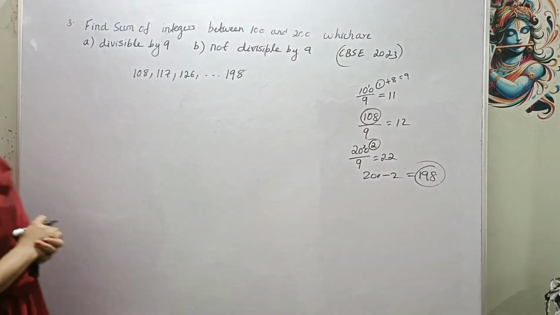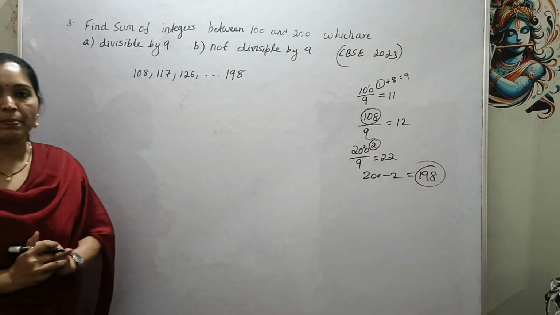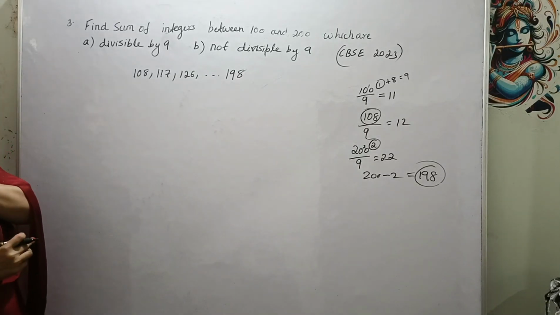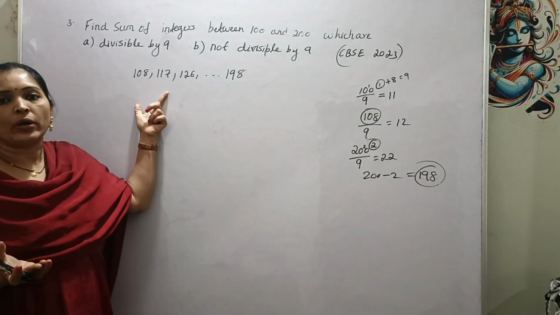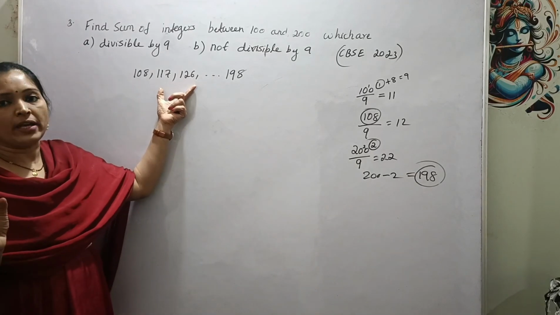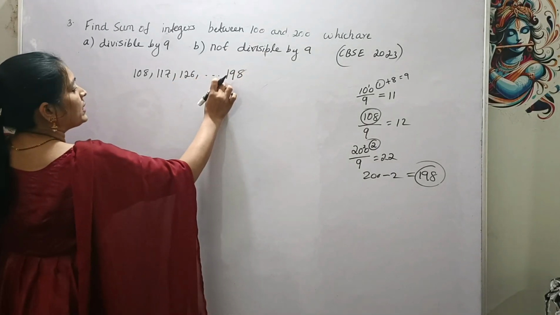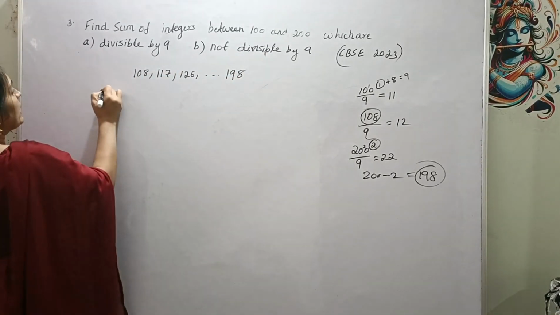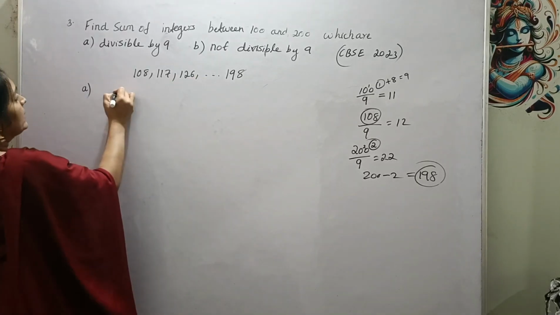The last number is 198. Next we have to find the sum of these numbers. To find the sum, we don't know how many terms there are, that is the value of n. We have to find that. We know the last term, an, so we will apply the nth term formula.